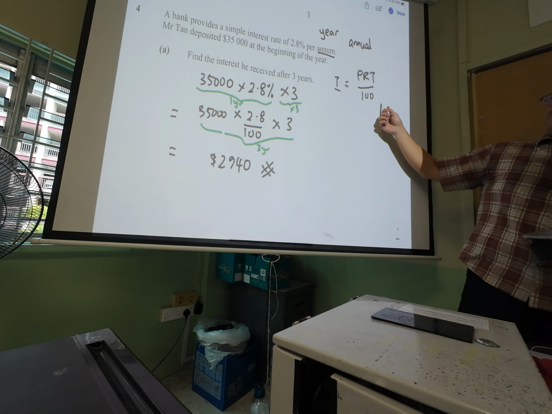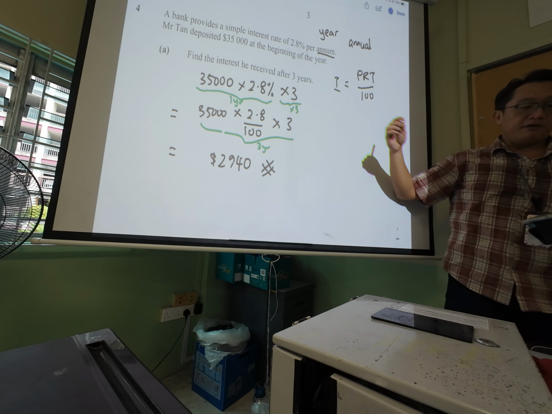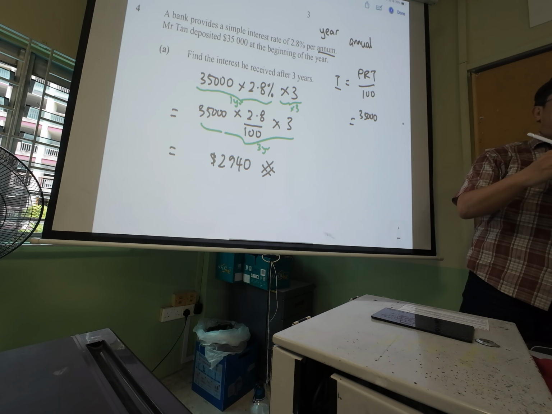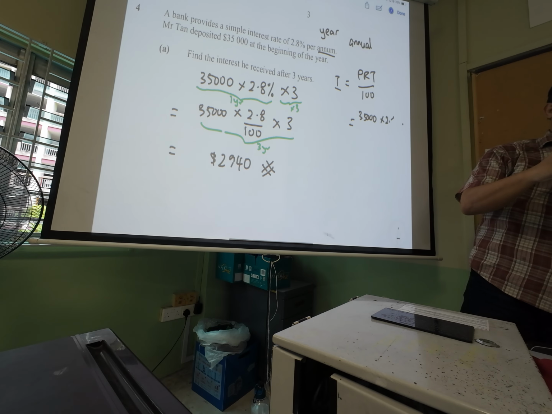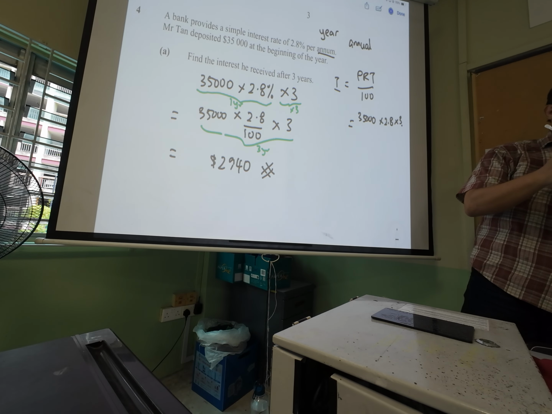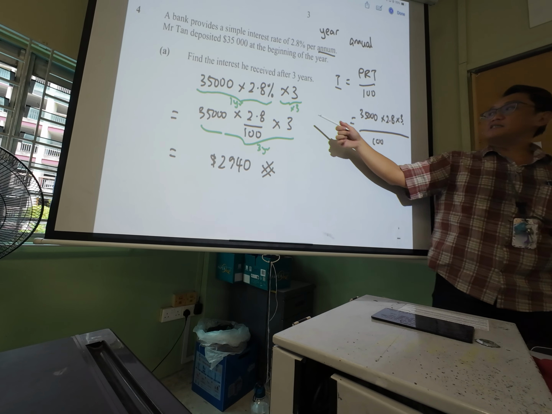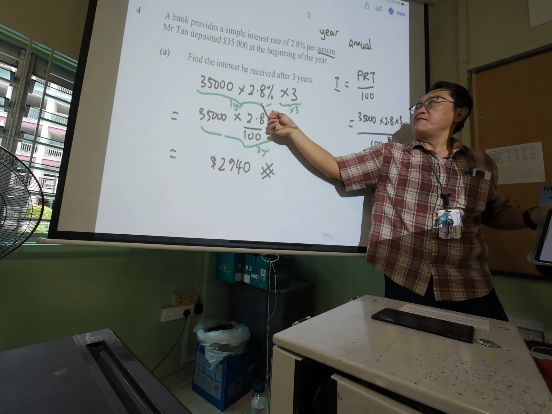So they will write this formula, then put in the numbers: principal times rate times time divided by 100. Actually, it is exactly the same. This divide by 100 came from the rate.